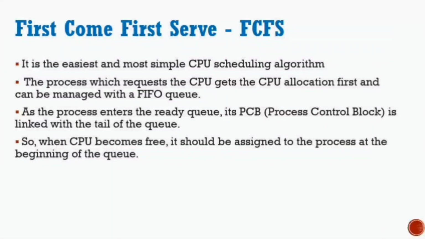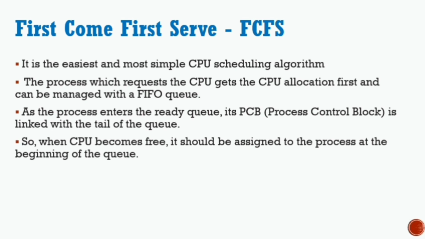As each process enters the ready queue, its process control block is linked with the tail of the queue, that is the end of the queue. Whenever the CPU becomes free, it will be assigned to the process at the beginning of the queue. So this is how it keeps moving.